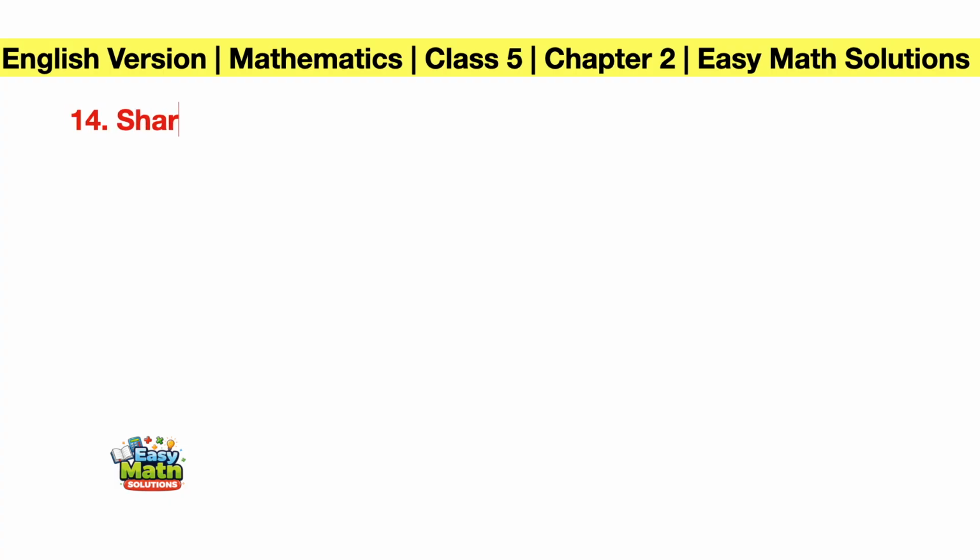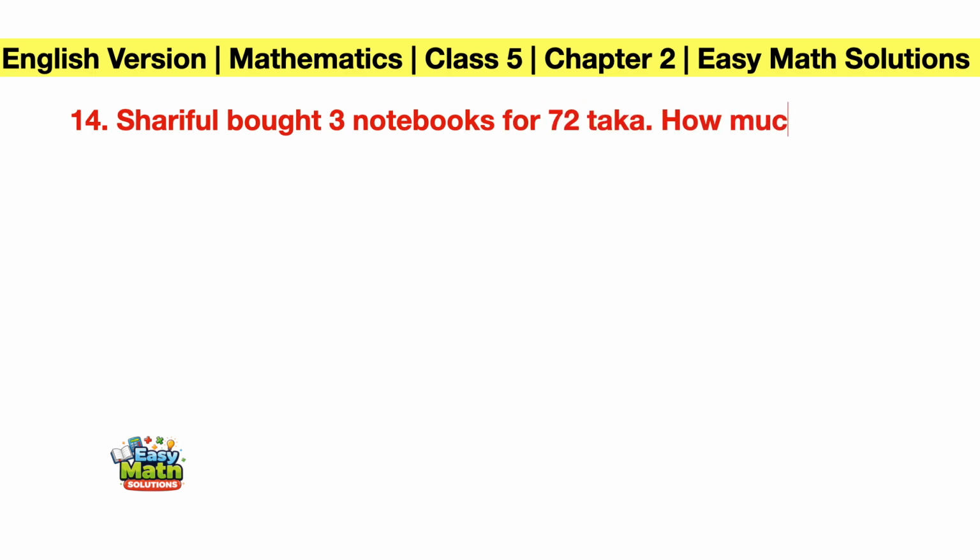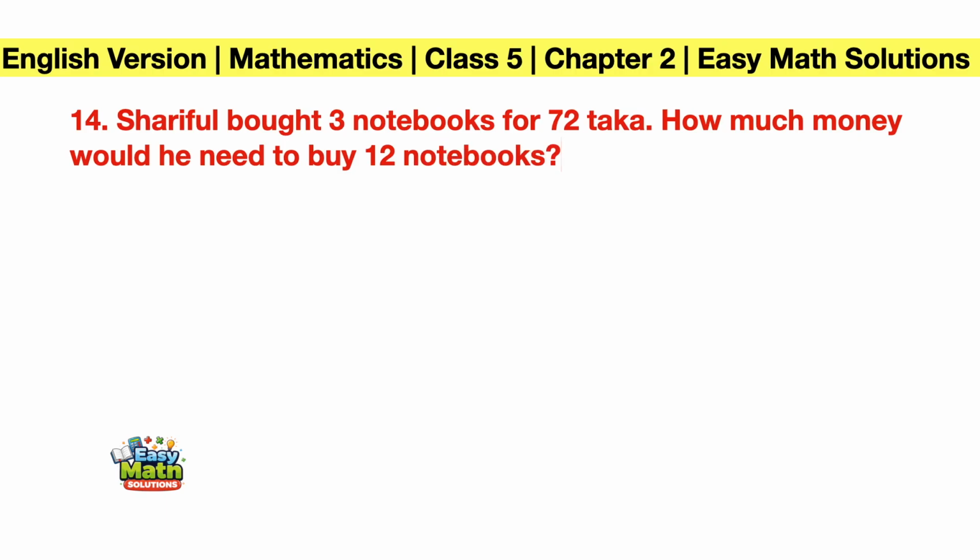Number 14. Shariful bought 3 notebooks for 72 taka. How much money would he need to buy 12 notebooks? That means the price per notebook that he bought: 72 by 3.